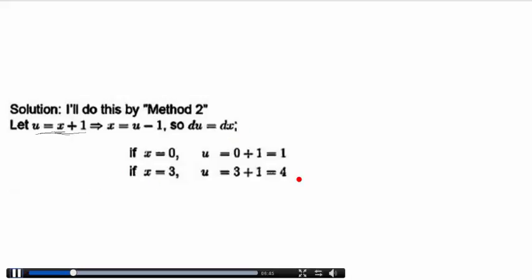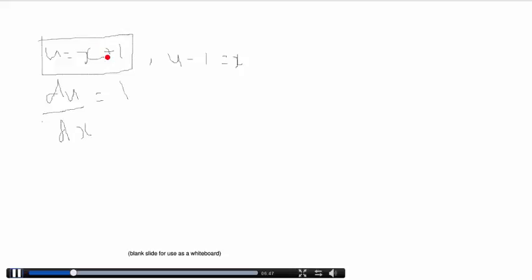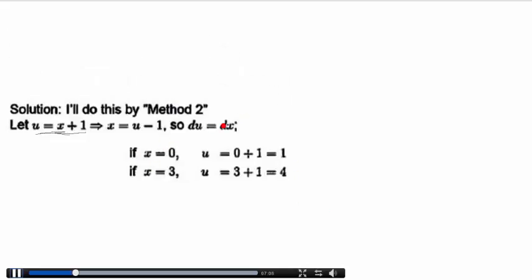So obviously we can take the dx to the other side. This becomes du is equal to dx. So in this particular case, we now know that du is equal to dx.